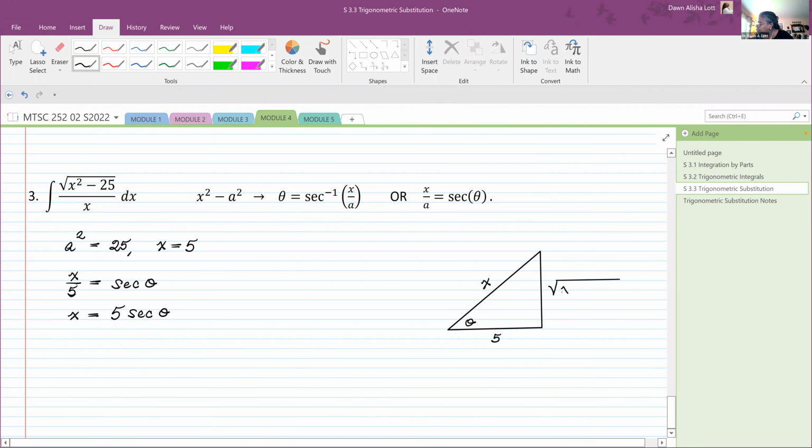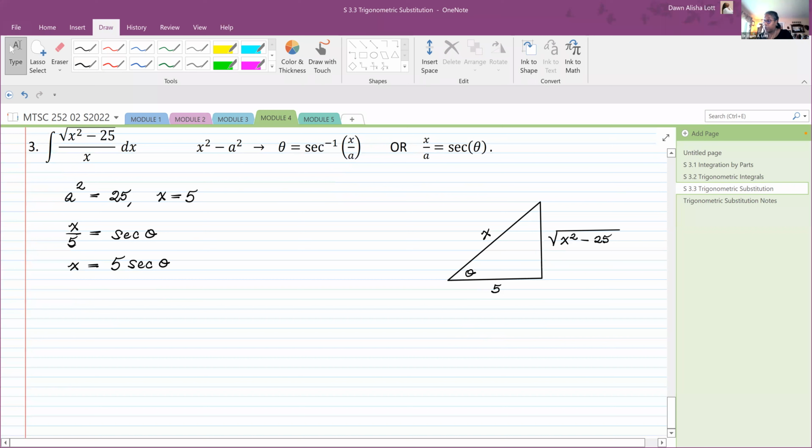So this is x squared minus 25. So if you can figure it out as you're doing it, like I just put in the cosine instead of the secant because it was upside down. Then I figured out this can't be right. So now it's right. So x over 5 is the secant of theta.